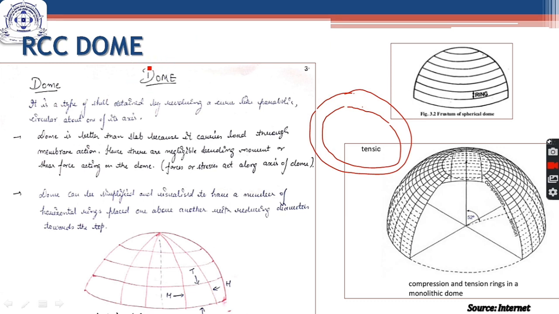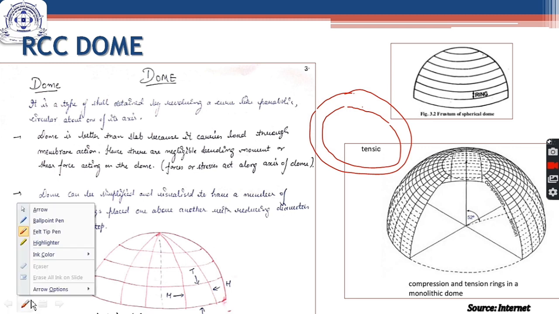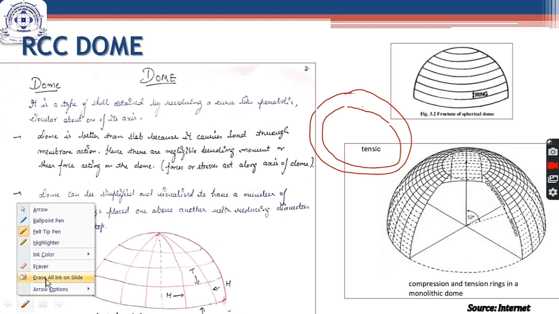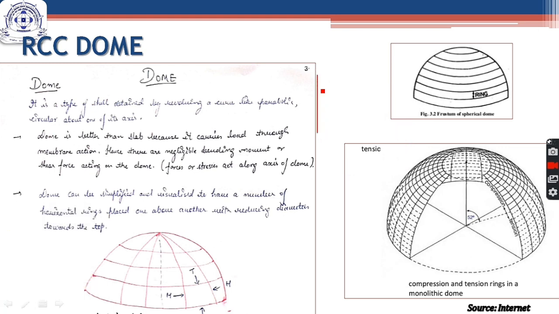So why are circular overhead tanks covered with a dome and not with a simple RCC rectangular slab? It has a very simple and basic reason. Obviously, as we know, overhead tanks are designed for very large capacities, so automatically the diameter of the tank will also come out to be very large.